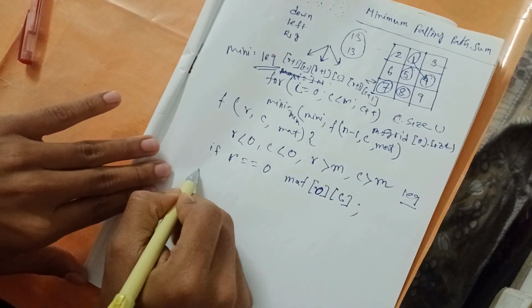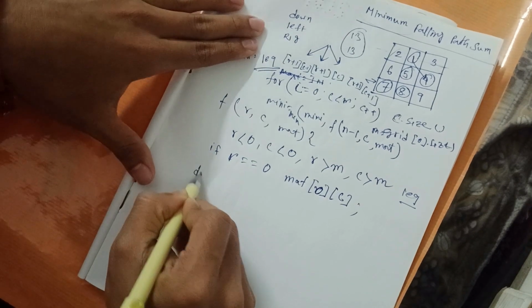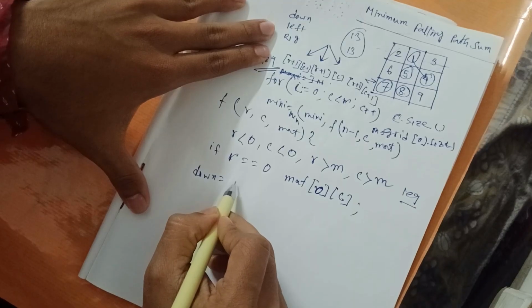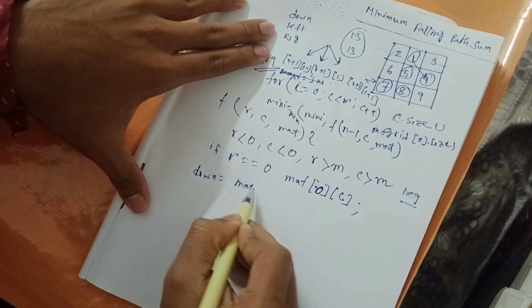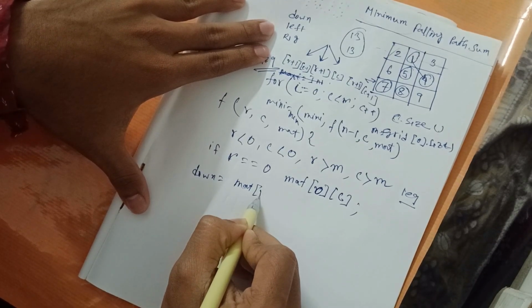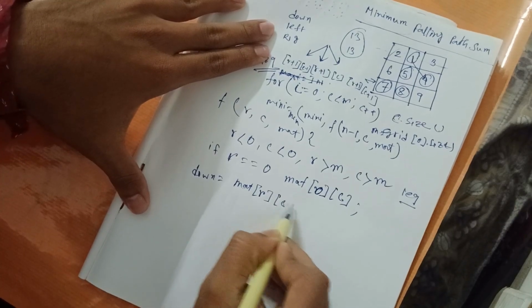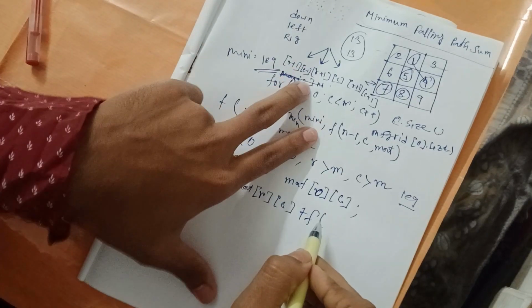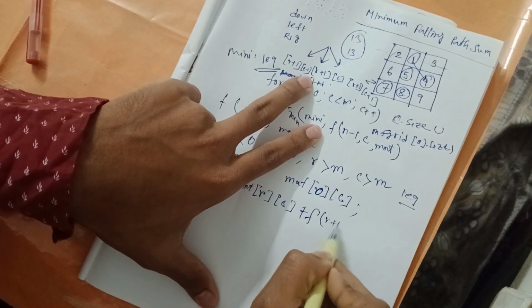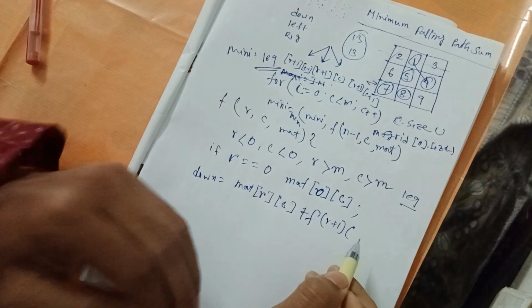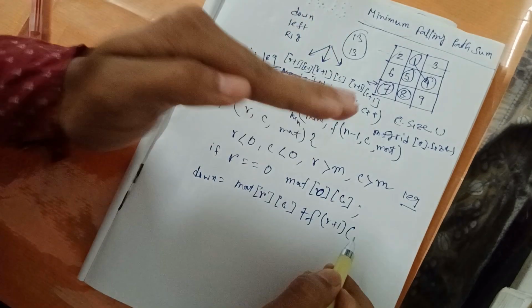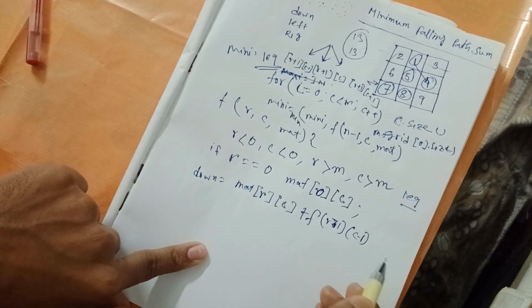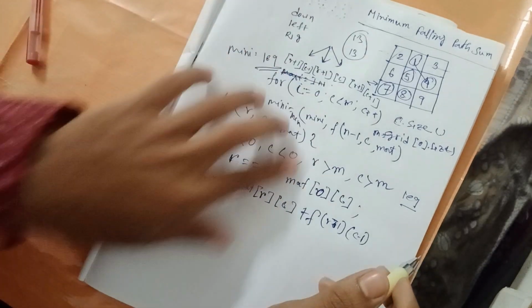First of all, down. For down I write matrix of row and column plus function of r minus 1 and the same column.